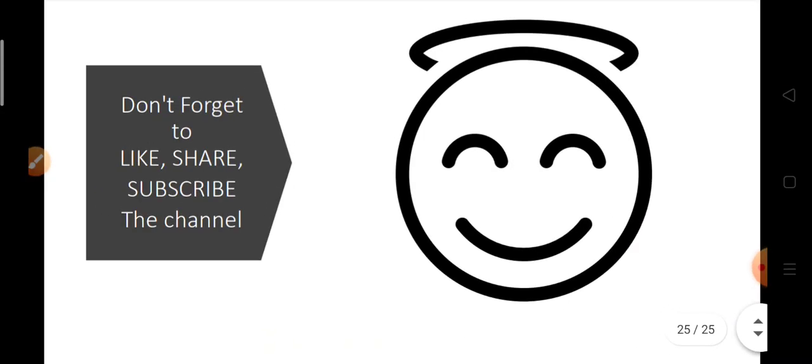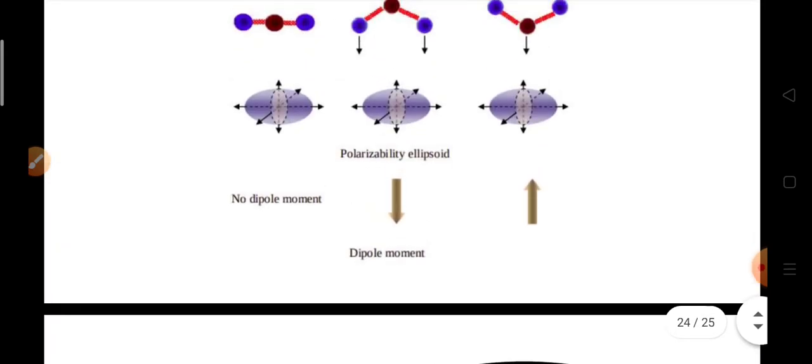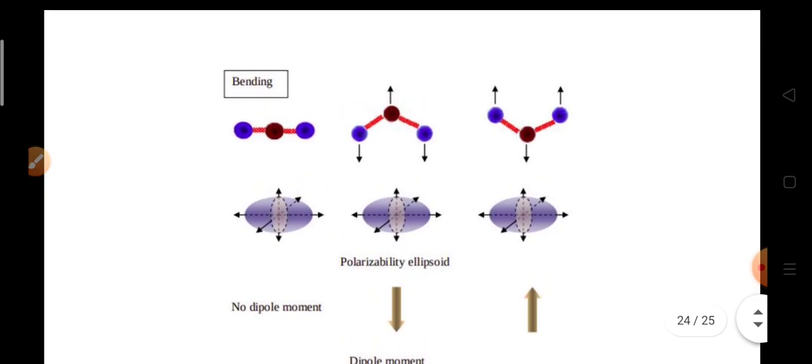So I hope you can understand the basic difference between the Raman spectroscopy and the IR spectroscopy, what is the cause of the Raman spectroscopy, and what is the cause of the IR spectroscopy. Don't confuse it. The cause of the Raman spectroscopy is the change of the polarizability, and the cause of the IR spectroscopy is the change in the dipole moment, and that is the basic difference between them, and they are complementary to each other, because for Raman spectroscopy we don't need a permanent dipole or an induced dipole, rather we need a change in polarizability, and that will give us the Raman scattering light.